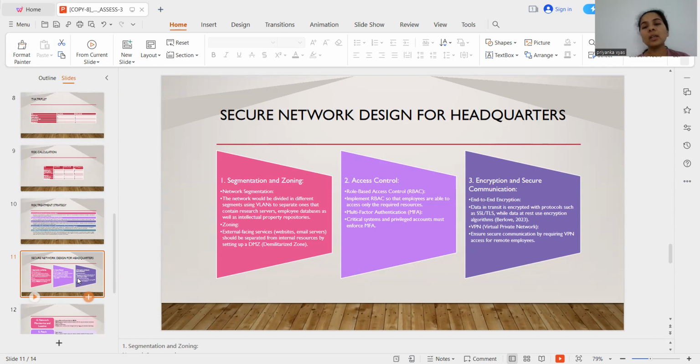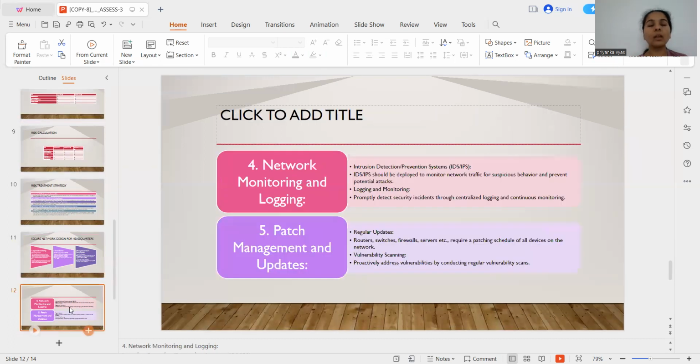Third one is encryption and secure communication. End-to-end encryption: data in transit is encrypted with protocols such as SSL and TLS, while data at rest uses encryption algorithms. VPN ensures secure communication by requiring VPN access for remote employees.